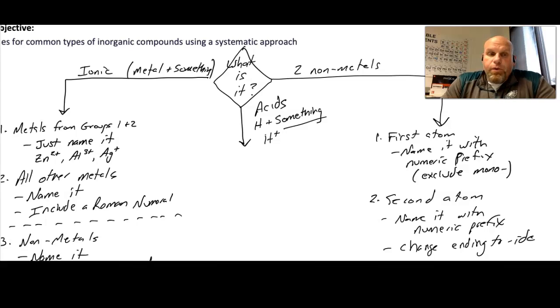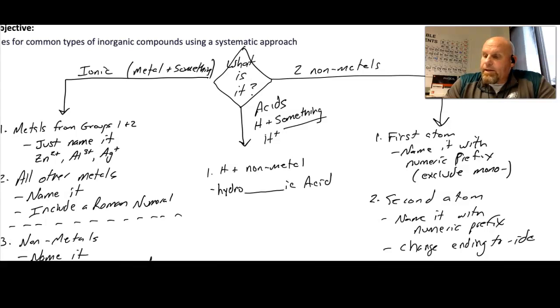So we know from what we did with our ionic rules that there are a couple different places I can find anions. First being H plus a nonmetal. And what I'm going to do here is it's going to be hydro, the root of the element, change the ending to IC, acid.